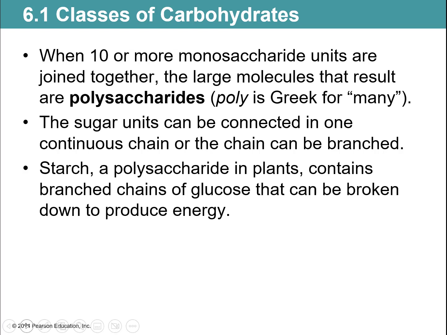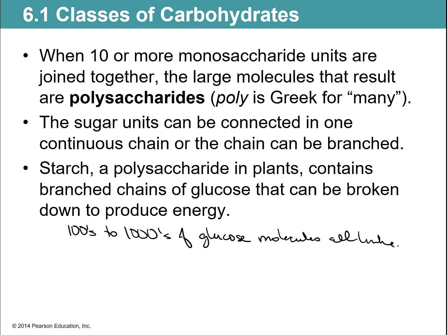It contains chains as well as branched chains of glucose, and these can actually have hundreds to thousands of glucose units, all linked together in a large molecule. So mono and disaccharides are super small in comparison to something that's hundreds to thousands of times bigger. So those are really the ones that we're going to talk about.